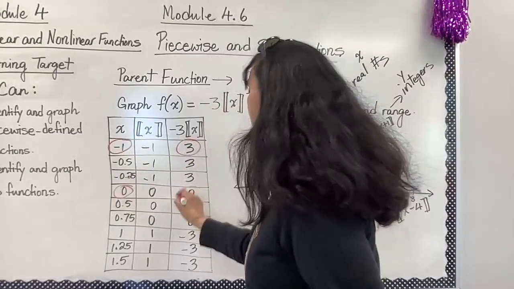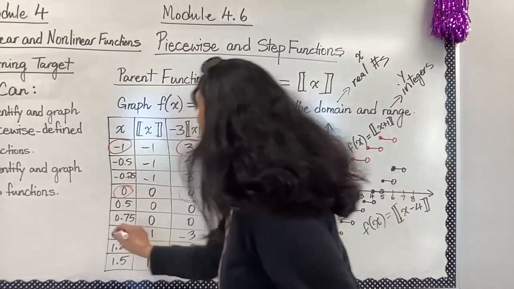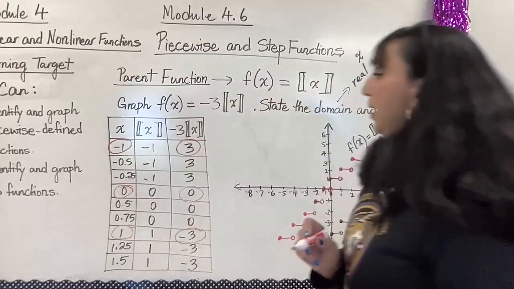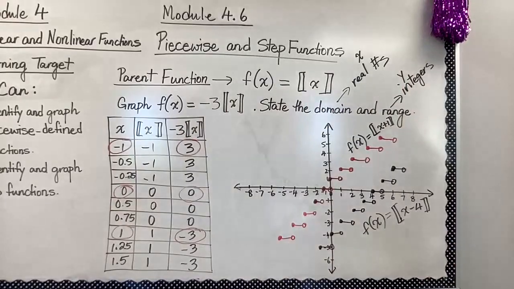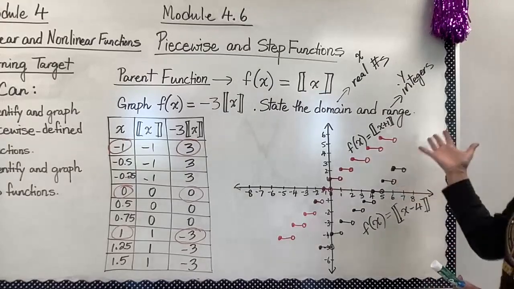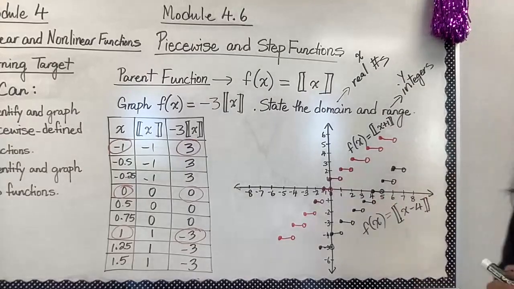Okay, so I am going to go ahead and look at my ordered pairs, which would be this, and I'm looking at the integer values, and here are my ordered pairs. Okay, so let me use a different color, then we can see all the changes that are going on in the 3 different types of graphs that I have over here.